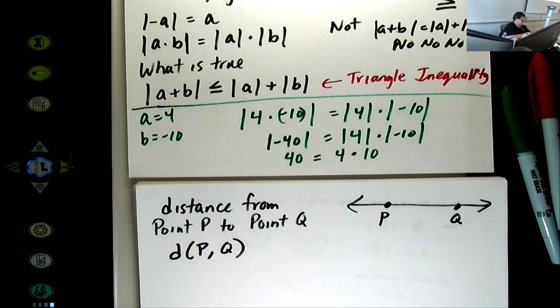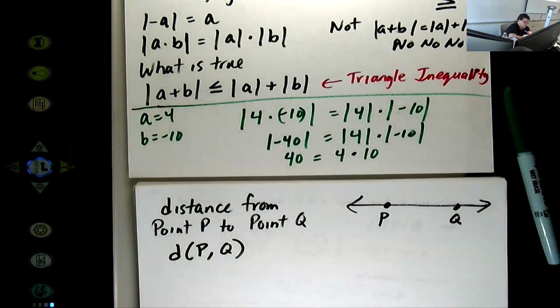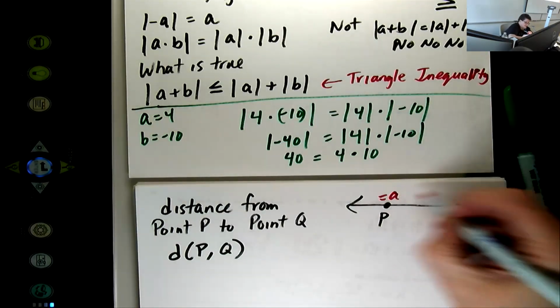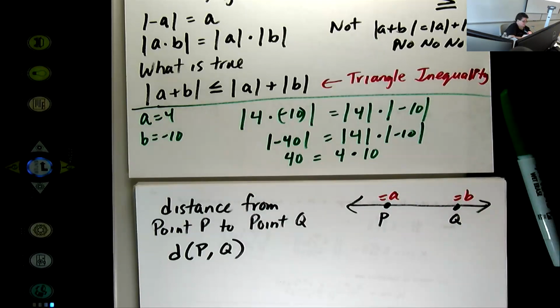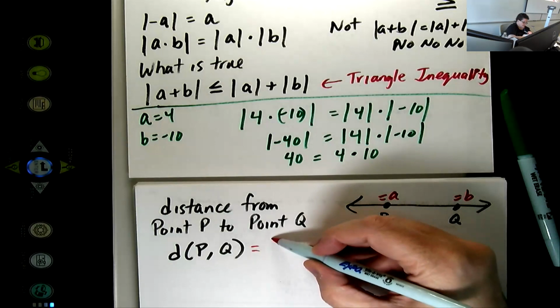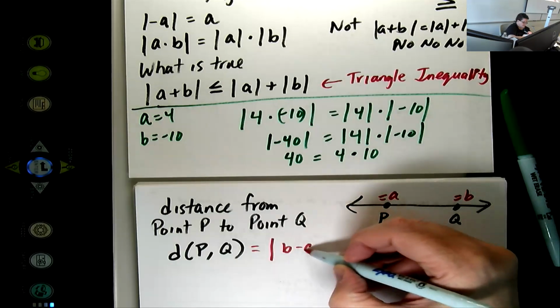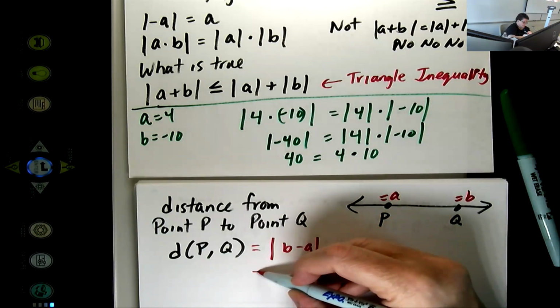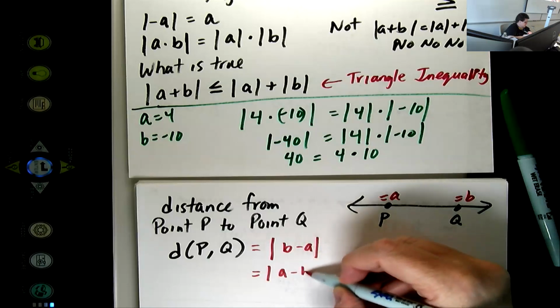Put D and say P, Q. Let's say this has the value A, where A is a number and this equals B, where B is a number. We can write the distance as the absolute value of B minus A, which is identical to the absolute value of A minus B.